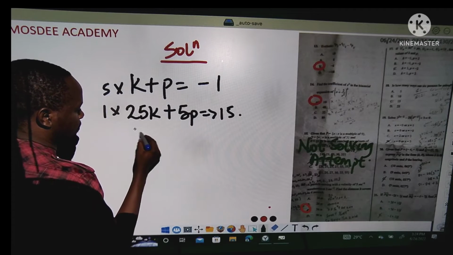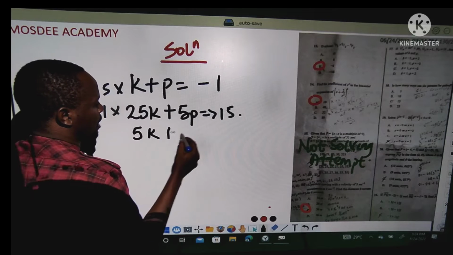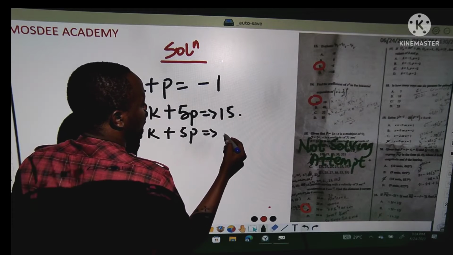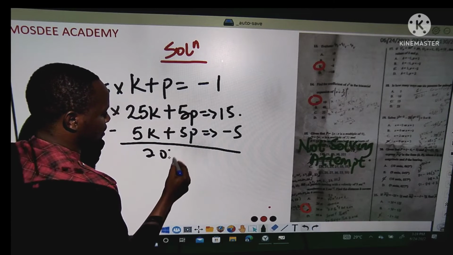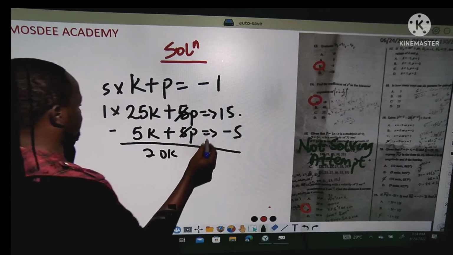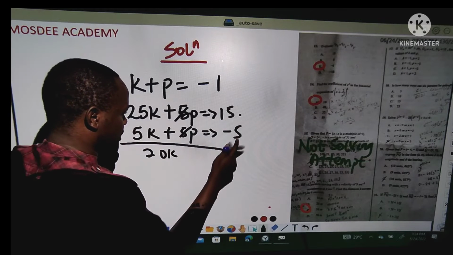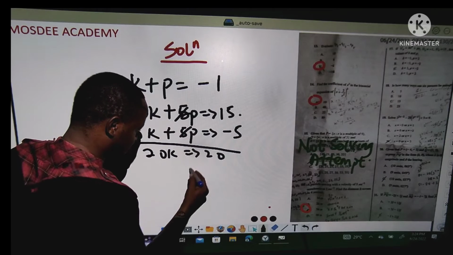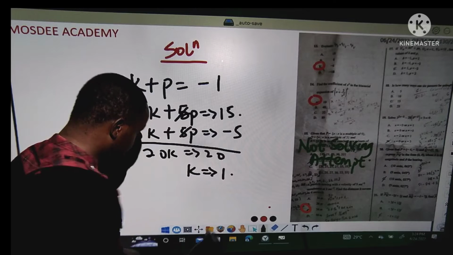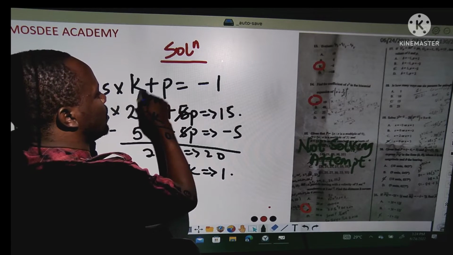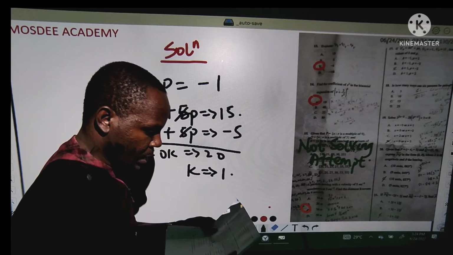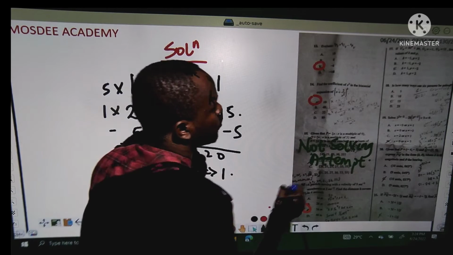So 5k, I'm writing it under it, plus 5p equals minus 5. I am subtracting, dear student, 20k, 15 minus 5 equals 20. k is 1. So if k is 1, you can see p is minus 1 minus 1, minus 2. So k is 1 and p is minus 2.